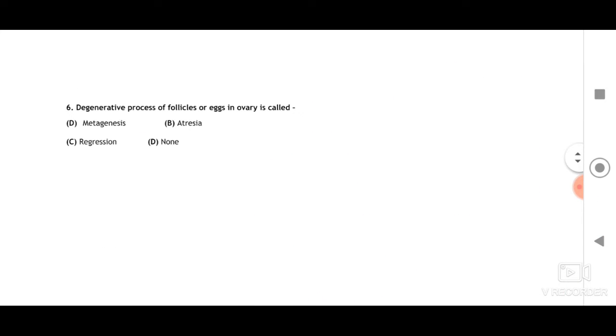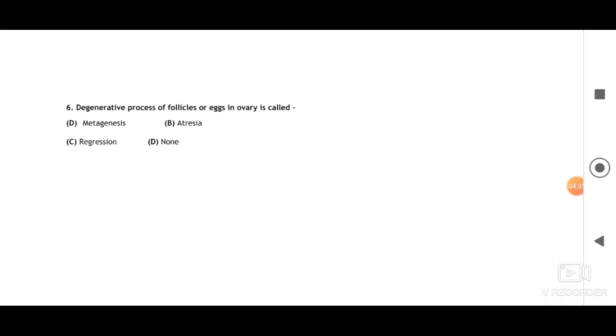Dear friends, let us move on to the next question. Degenerative process of follicles or eggs in the ovary is called... Four options have been given: metagenesis, atresia, regression, and none of the above.